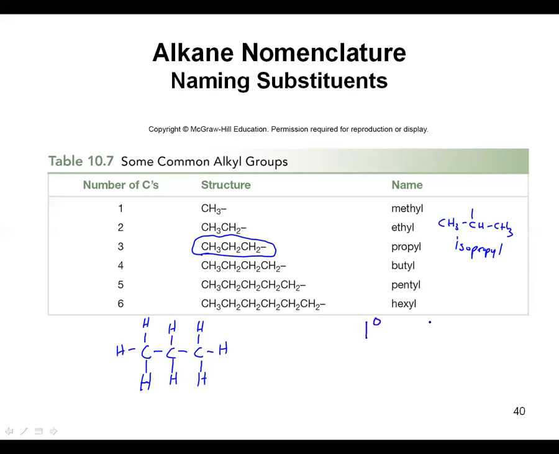Basically, for a primary carbon, the carbon is attached to one other carbon.